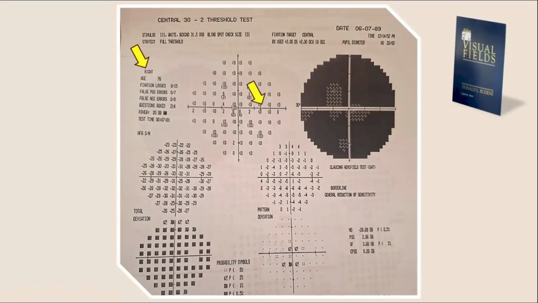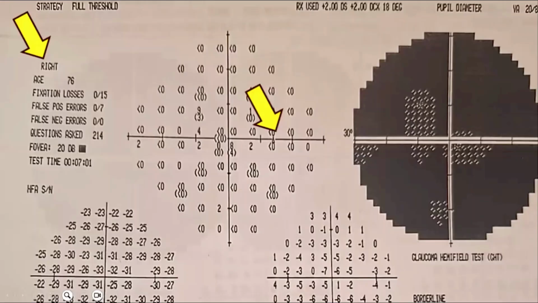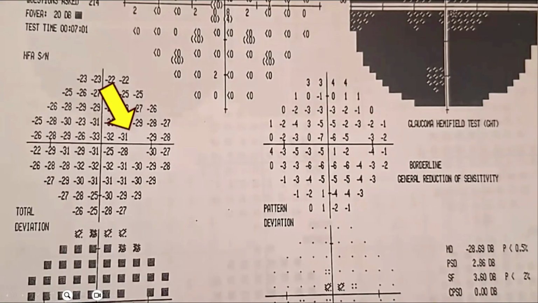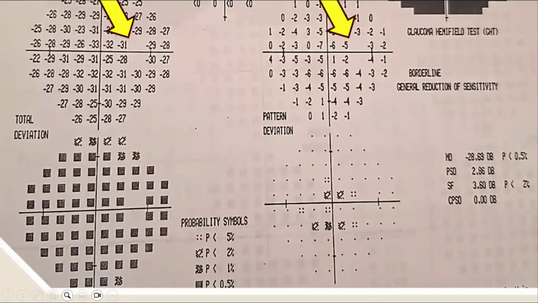And also here, if we enlarge this, there is a mark, like a small triangle in Humphrey. It shows the blind spot location. So since it is on the right side of the printout, this is the right visual field. And also the empty space here represents the blind spot, and even in the probability values, there is an empty space or rectangle.